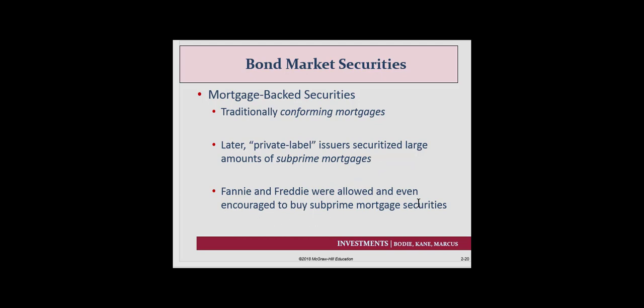Fannie and Freddie were also allowed and even encouraged to buy these subprime mortgages. And again, when we talked about the crash of the financial industry, that is part of the whole process that created the challenges with respect to the mortgage market in our economy.